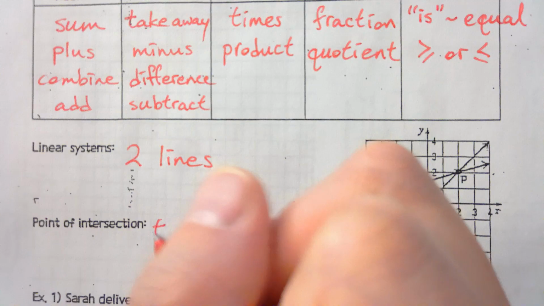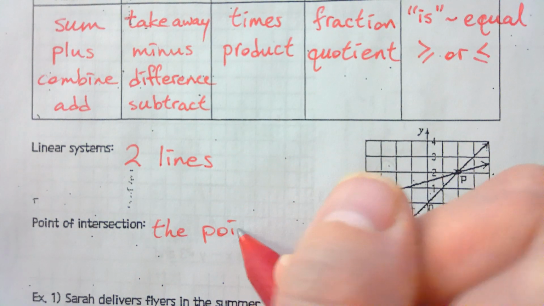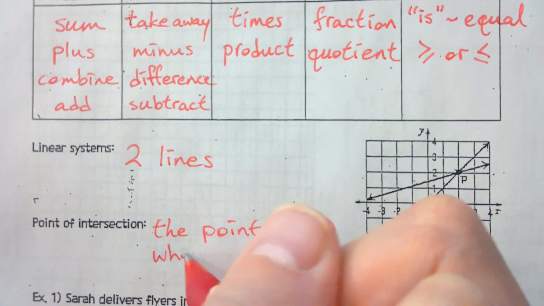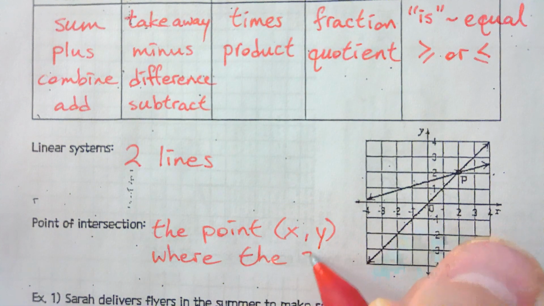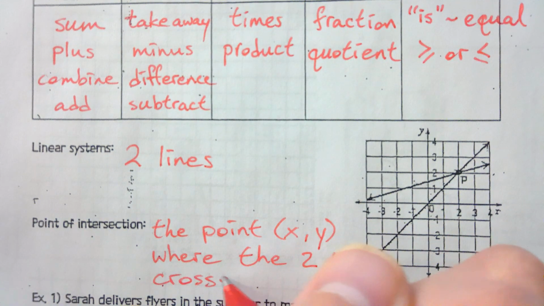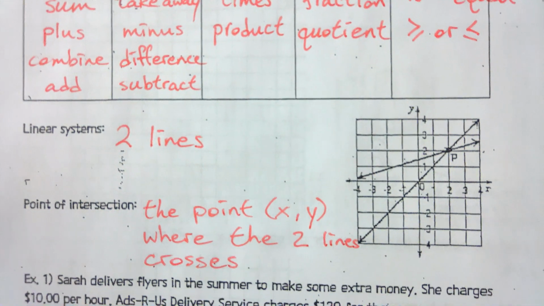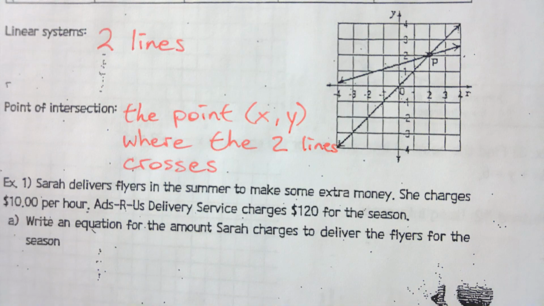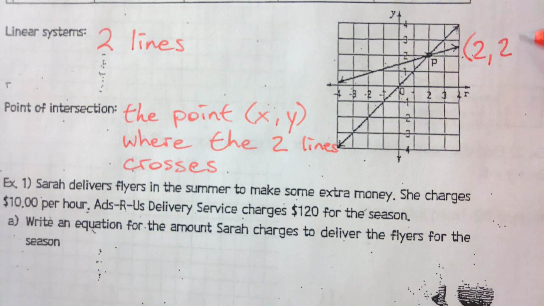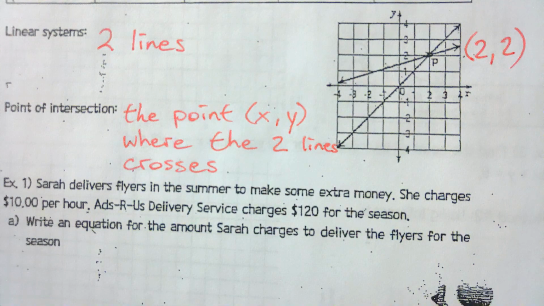So the point in XY form, in coordinate form, where the two lines cross. Everyone okay? In this case, what's my point of intersection here? William? 2, 2. And any coordinate, we have to write it in brackets with a comma in between.